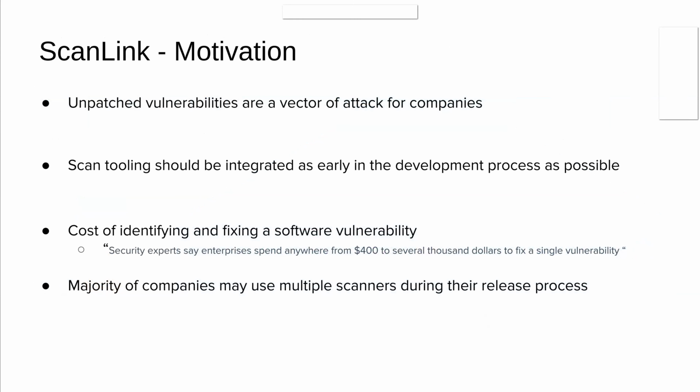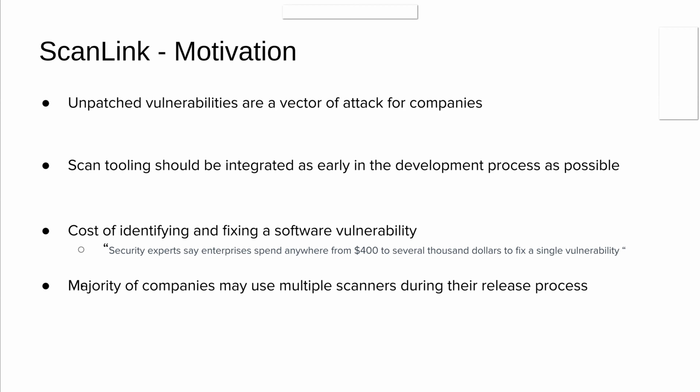In the following, I'm going to focus on ScanLink, which is the component that we use for scanning within this whole supply chain. The first motivation, as I mentioned, is focusing on reducing the attack vectors that companies have today, adding scanning tools in multiple steps during the whole supply chain's definition, source and image scanning, and thereby reducing the cost of identifying and fixing all these vulnerabilities.